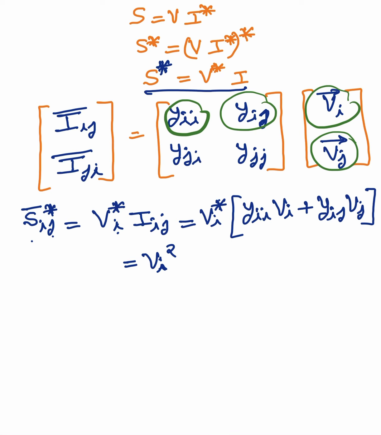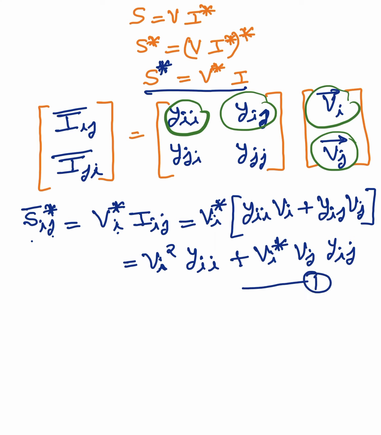Okay, so we have to write it like this, Vi square. You can understand better that way. Okay, that is Vi square into Yii plus Vi conjugate multiply with the Vj into Yij. Okay, so that is the equation number 1.